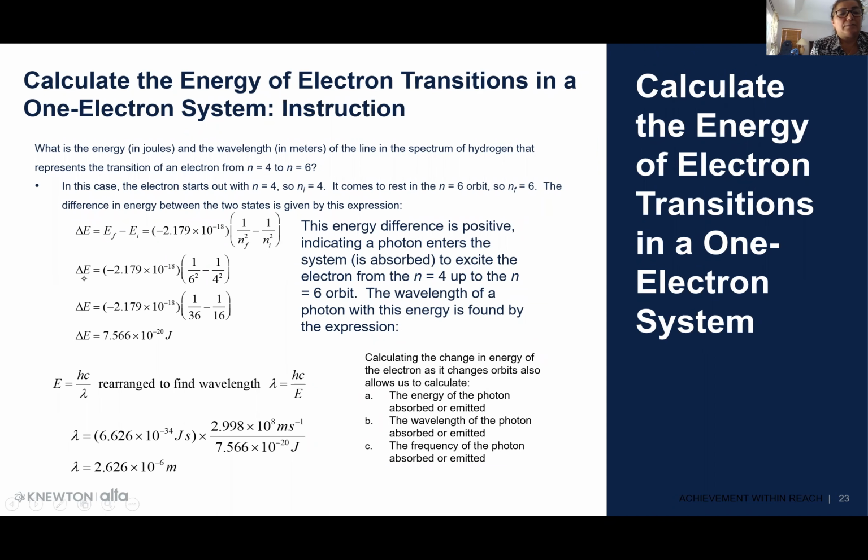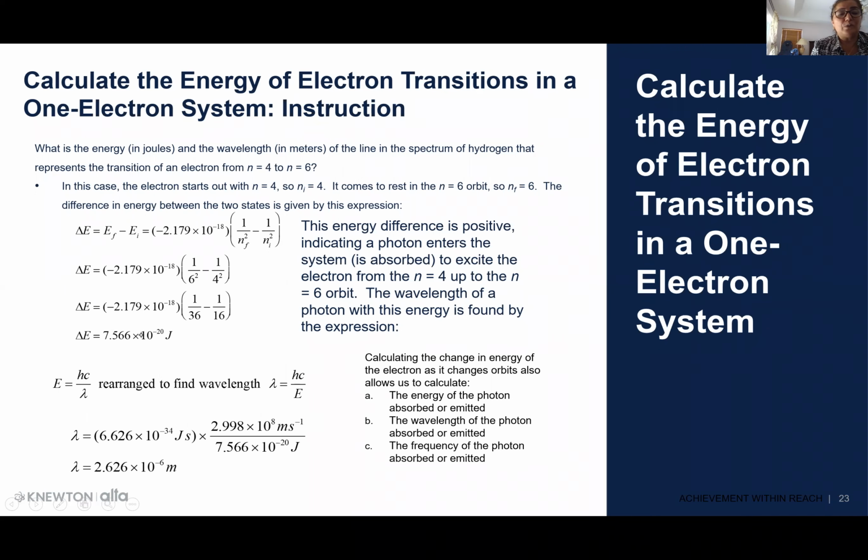So in the Rydberg equation, if the negative value is used here, this is the final minus the initial: Ni squared and Nf squared, and we have that negative value here. And then the delta E that is calculated is a positive value. That means this energy has been absorbed.